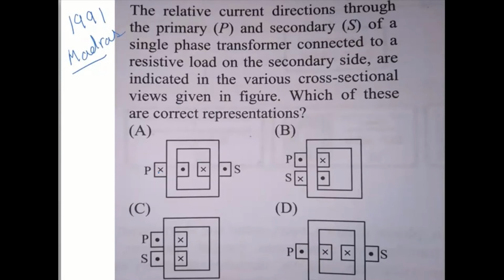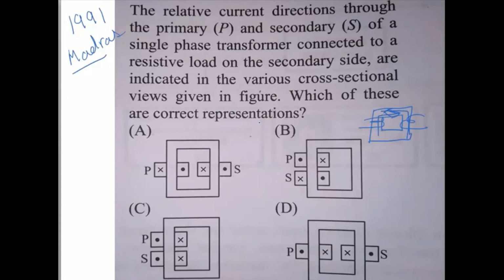The basic understanding you need is that in a transformer, if this is the primary and this is the secondary coil, the flux produced by the primary coil should be opposing the flux produced by the secondary coil, so that the transformer operation works. This is the primary prerequisite for this question.